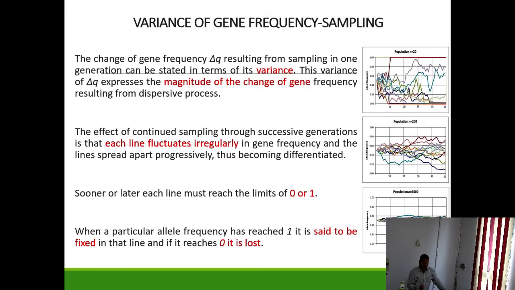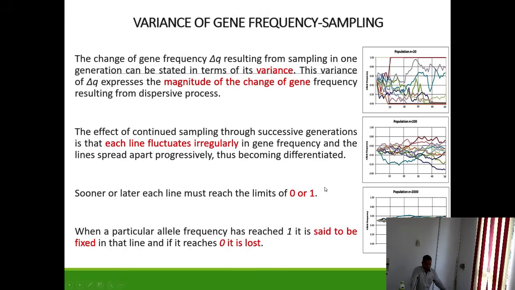But if I toss that coin 10,000 times, what will happen? You will go closer to the mean value, somewhere around 5,000 heads and 5,000 tails. Now this is how it moves, and you can measure the drift by variance, genetic variance, that is PQ by 2n. I have not written it here, but each line fluctuates irregularly.